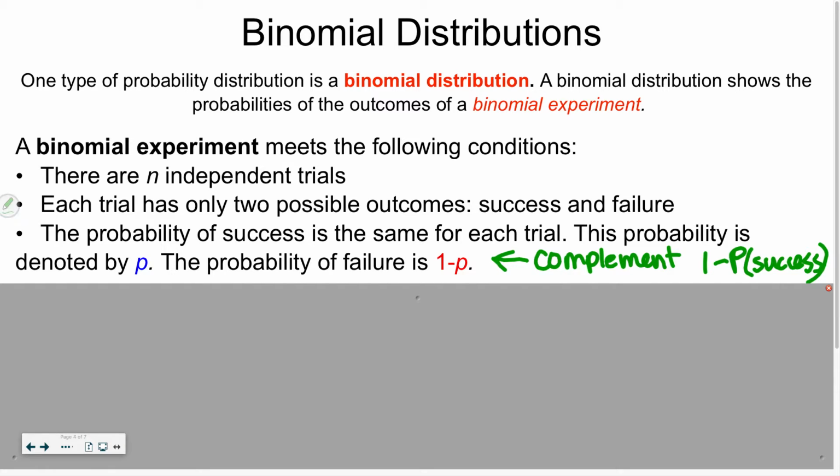Since there's only two outcomes, success and failure, it does happen, it doesn't happen, they have to add to 1. So I'll be using my complement.